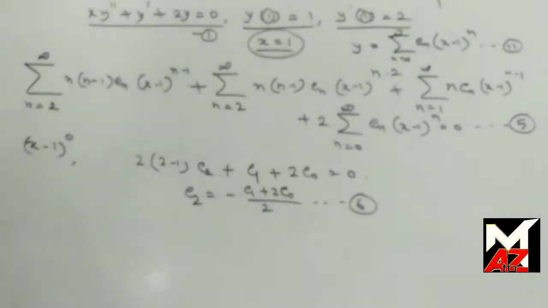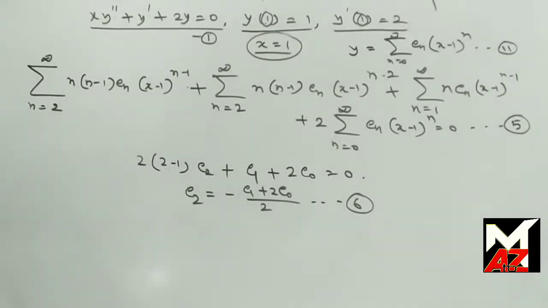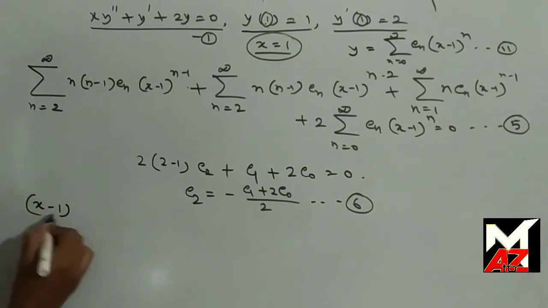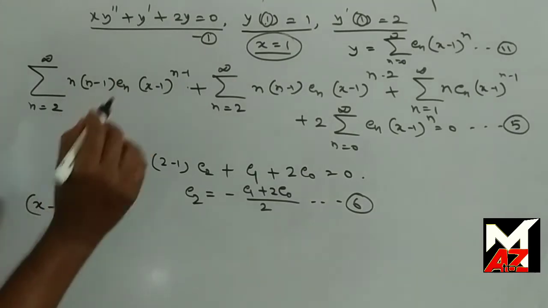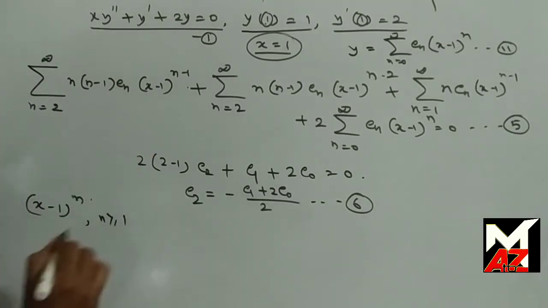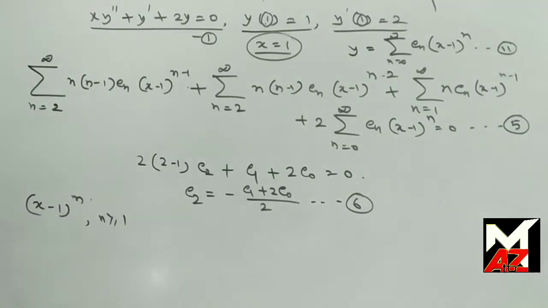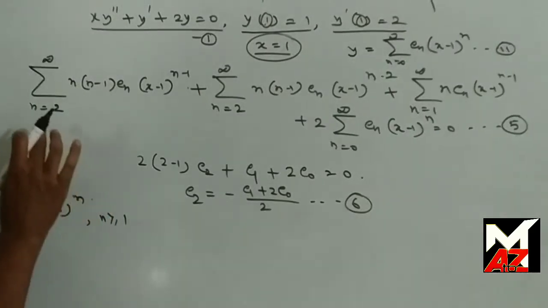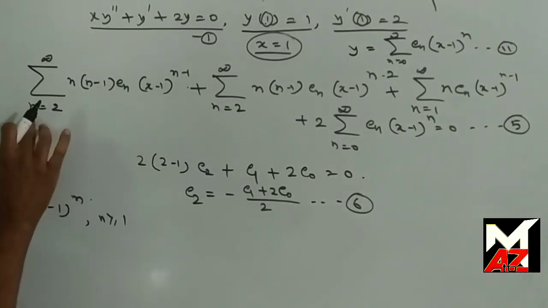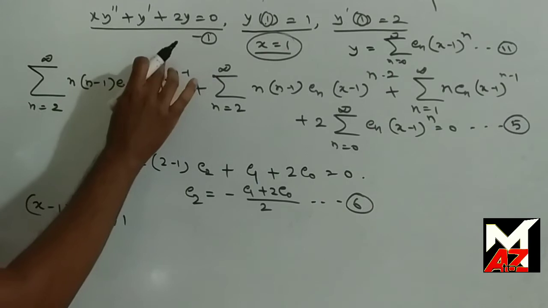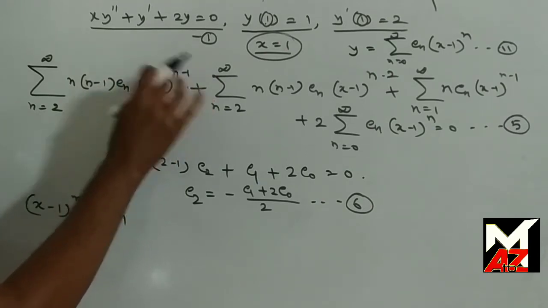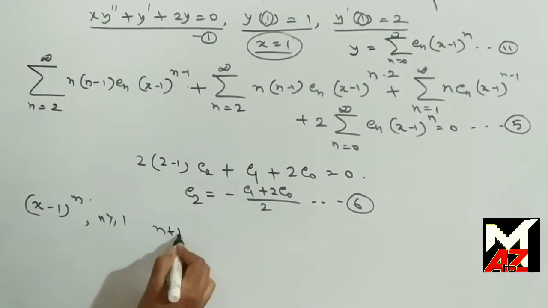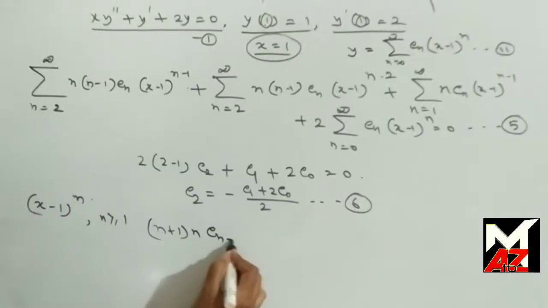Now to get the recurring relation, we equate the coefficient of x minus 1 whole to the power n from both sides, where n greater or equal to 1, and we get from here, if we take x to the power n, then we have to put n equal to n plus 1, and this gives n plus 1 into n into cn plus 1.